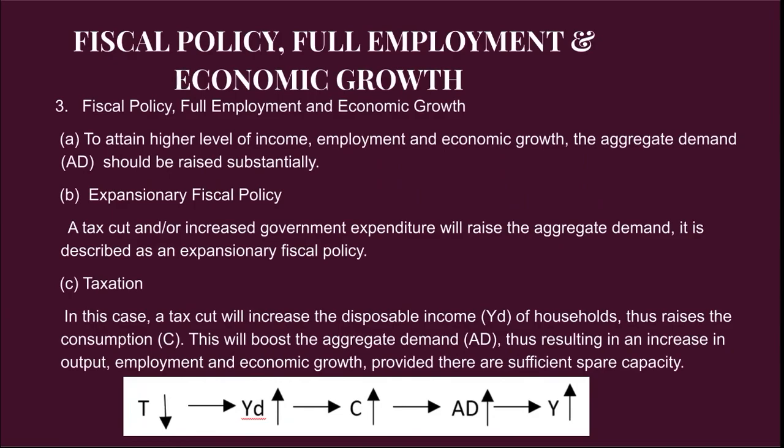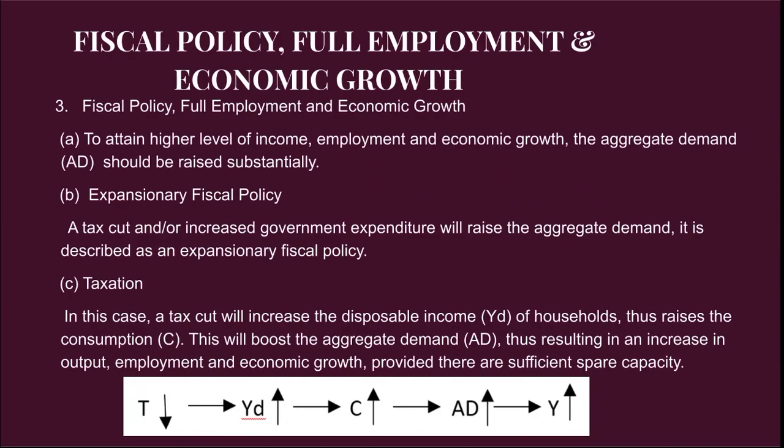This is purposely to increase the level of income, national output, employment, and economic growth in the country. So if the government increases government expenditure as well as decreases tax, it means the government is implementing expansionary fiscal policy in order to raise the level of income, level of employment, as well as economic growth in the country.